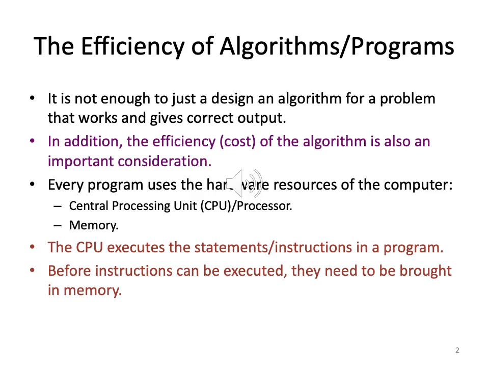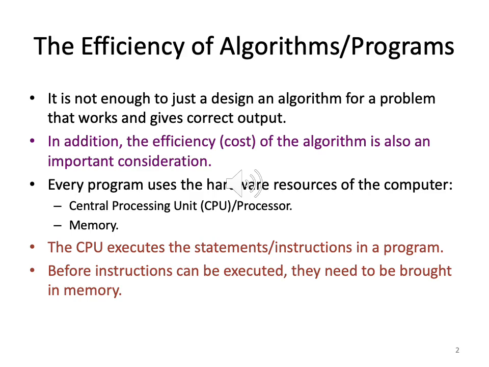And before we can execute the instructions of the program, we need to bring in those instructions. We need to transport them from the memory to the CPU. The CPU also has its own storage. So we bring those instructions and data from the memory to the CPU.